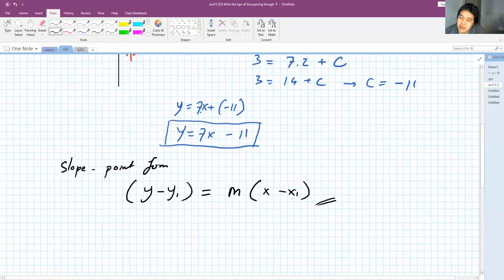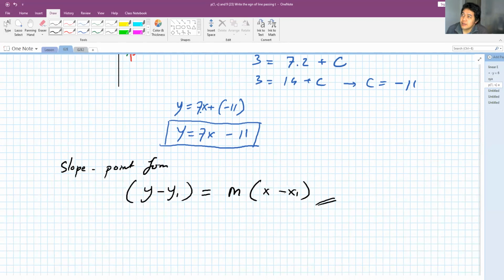So this general form is called the slope point form. Okay, and there are many other general forms of the equation of a straight line. I don't want to discuss all of them because basically they are the same thing. They will give you the same thing at the end.